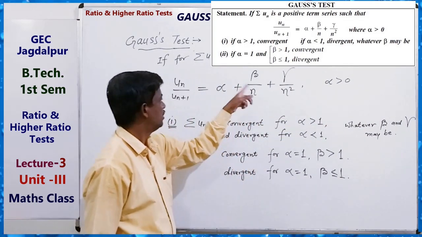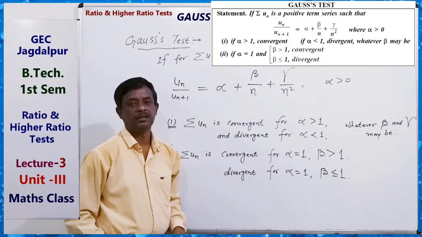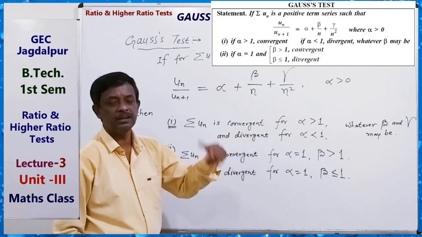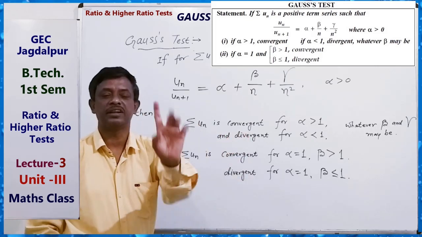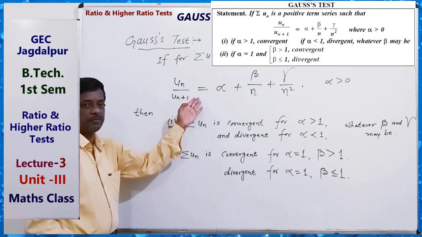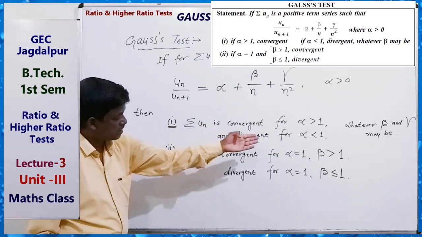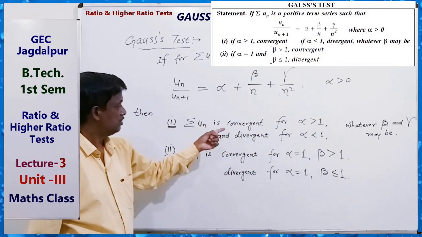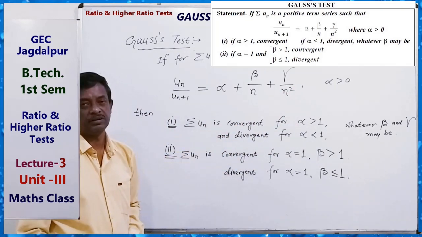Here alpha and beta are free from n, and gamma will contain n in the denominator. If these conditions are satisfied, then this is the statement.